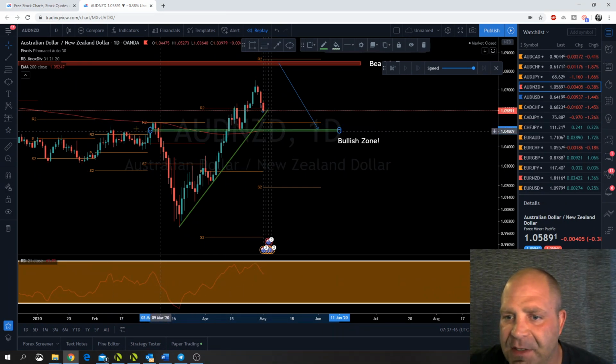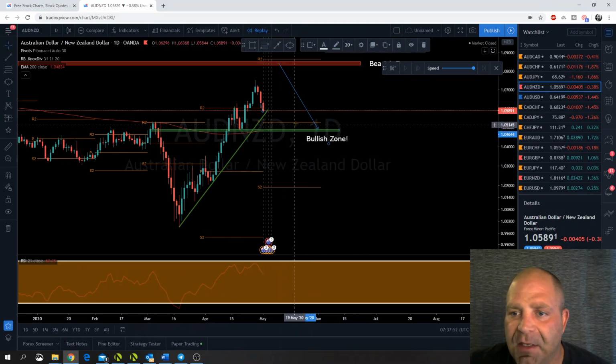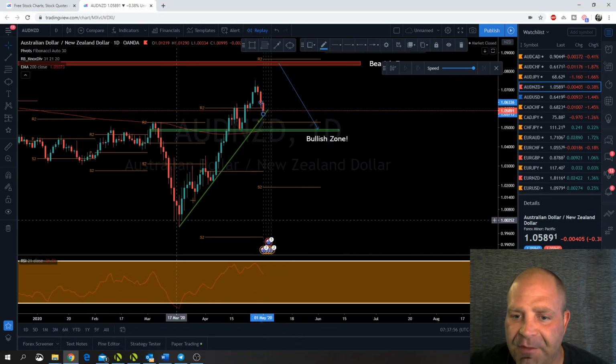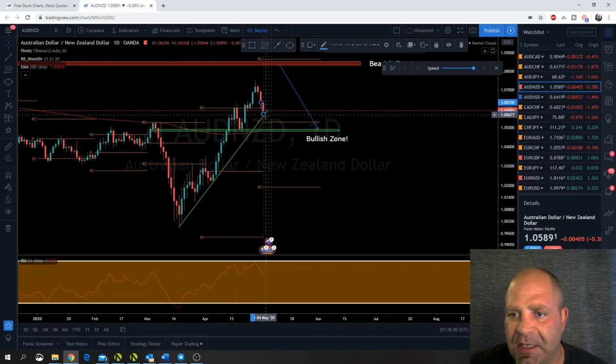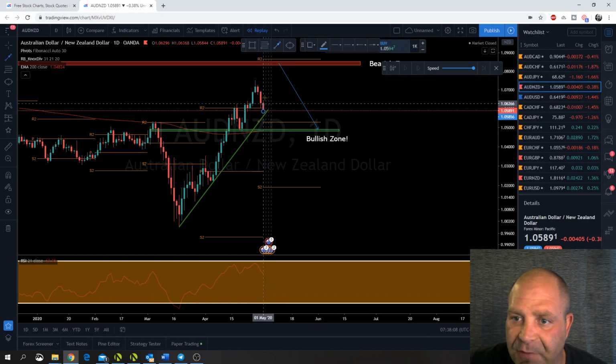All right, so we're above the 200. I like where we have our bullish spot. We have a missed pivot. However, we have a smaller direction trend line that we need to see what price does here. We could very well get a bounce right where we're at.